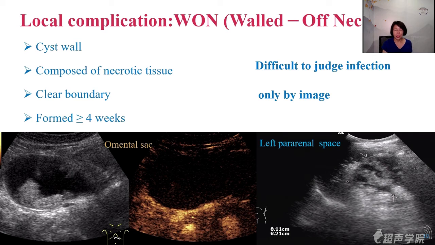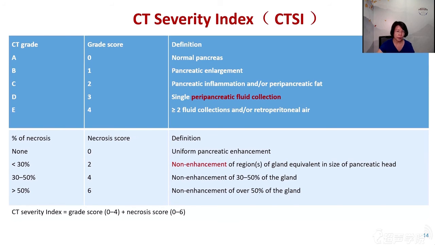Up to now, we have discussed the role of contrast-enhanced ultrasound in diagnosis of acute pancreatitis. It can find the necrotic area, and it can judge the local complication. Furthermore, the contrast-enhanced ultrasound can evaluate the severity index. The severity index can be judged by both contrast-enhanced CT or contrast-enhanced ultrasound.